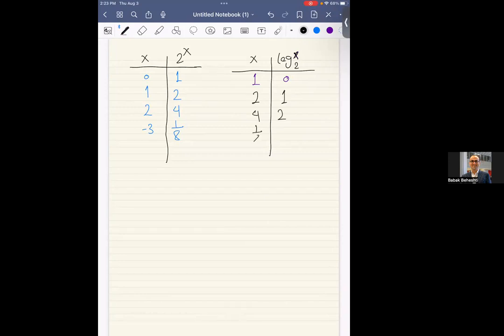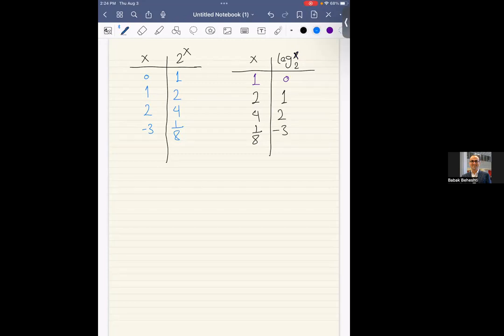Logarithm of 1 over 8 is minus 3. So you basically switch the x and y roles from exponential to logarithm. Here I'm just talking about logarithm with base 2, because we can have logarithms with different bases, but here it is base 2.